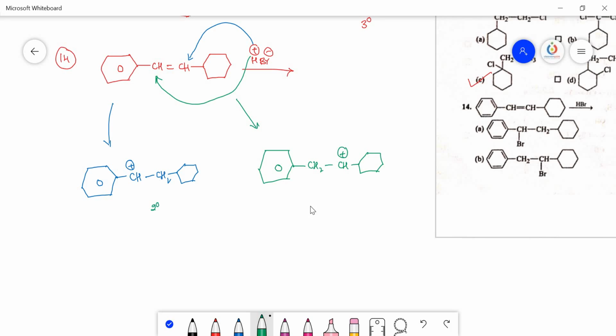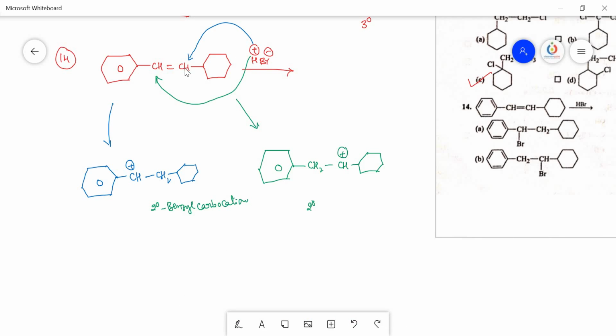Interestingly, both are secondary carbocations only, but this is a secondary benzyl carbocation. A secondary benzyl carbocation is more stable than the normal carbocation. So H plus preferably attacks over here to produce this stable secondary benzyl carbocation.